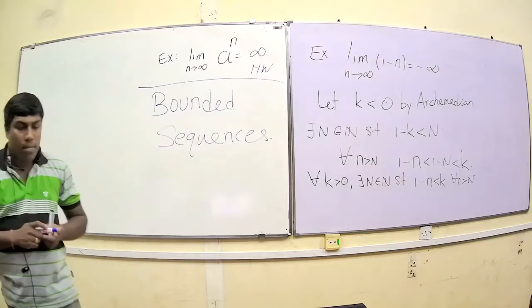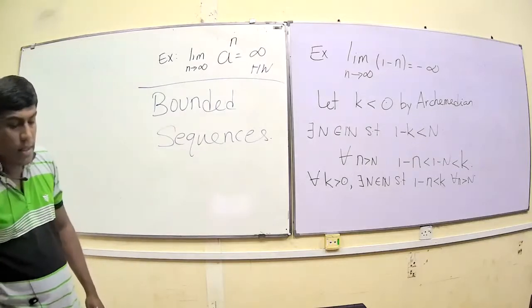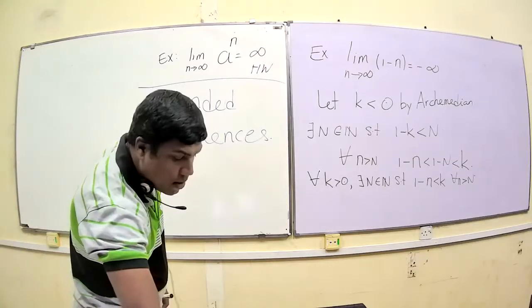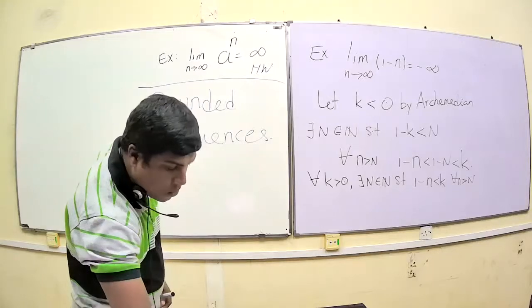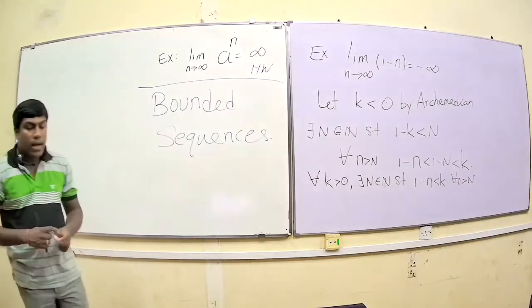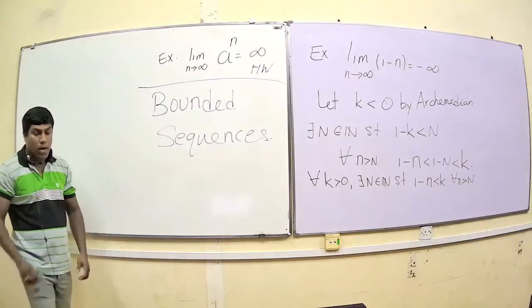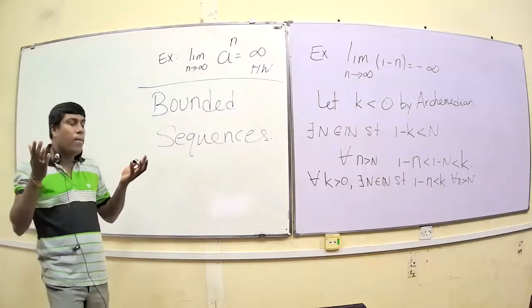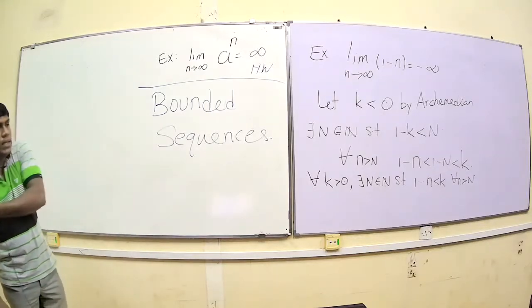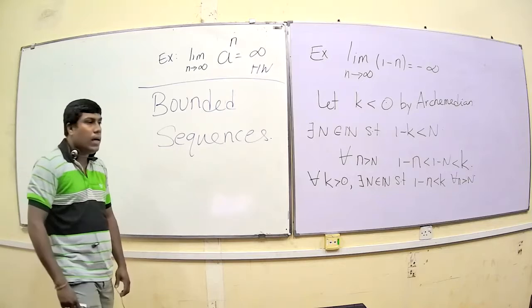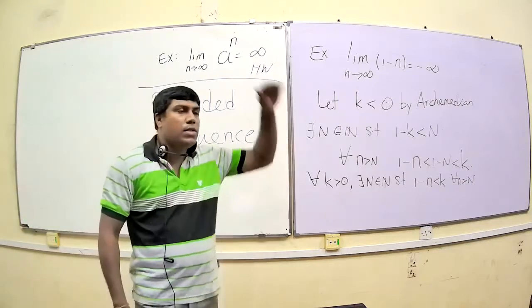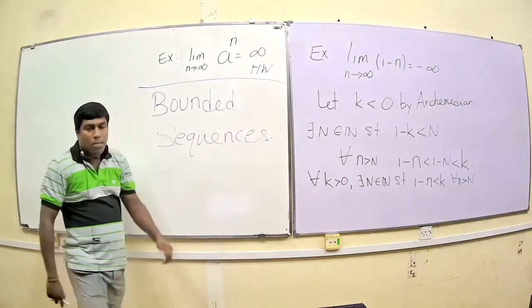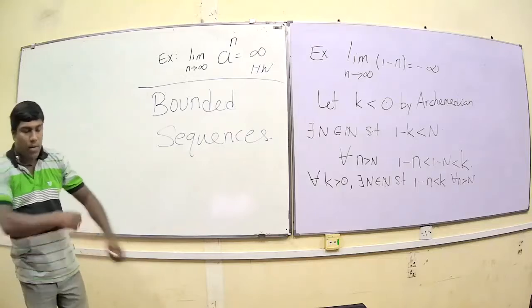We are going to define something called bounded sequences. What do we mean by a sequence being bounded? When we talk about real numbers, we talk about a set of real numbers being bounded above and bounded below, from the previous chapter.